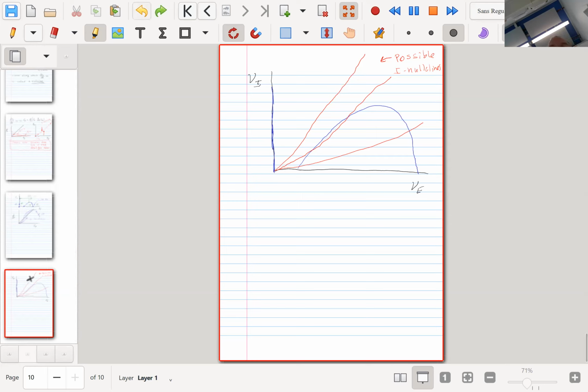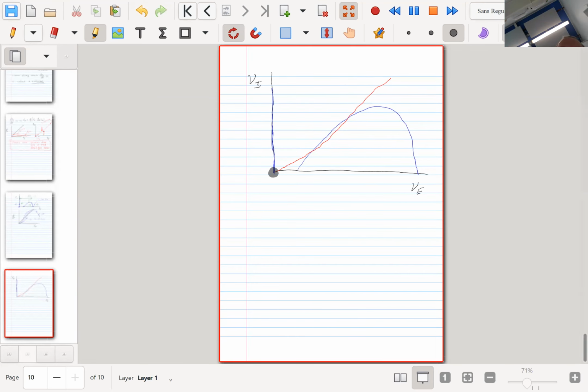These two are both possible: this one has equilibria at non-zero values, and so does this one. We're going to focus on the one in the middle, and it has fixed points here, here, and here.